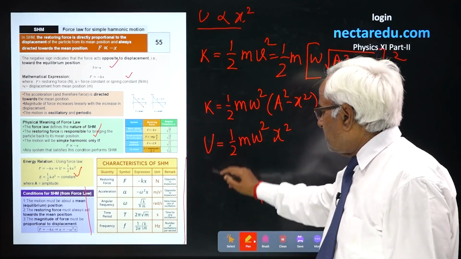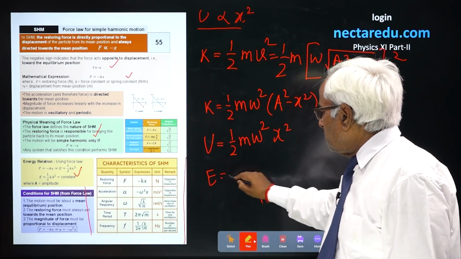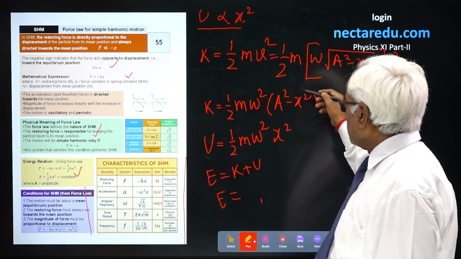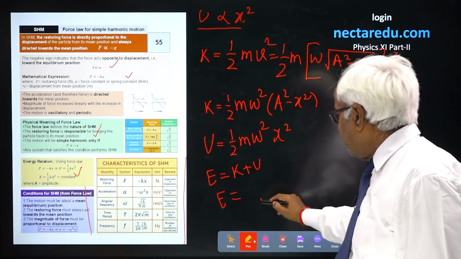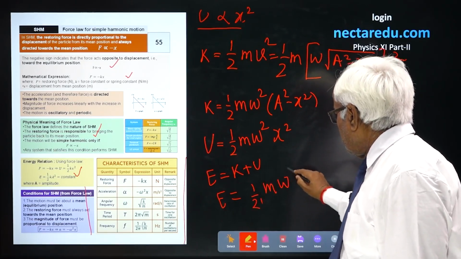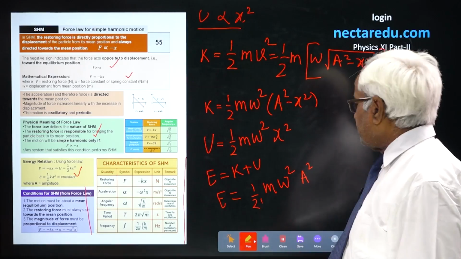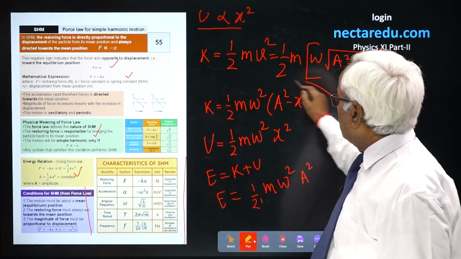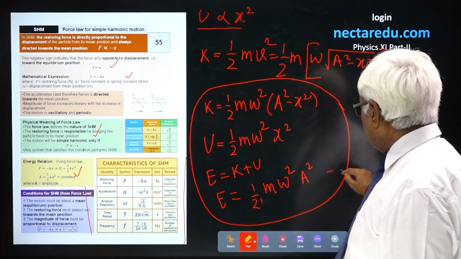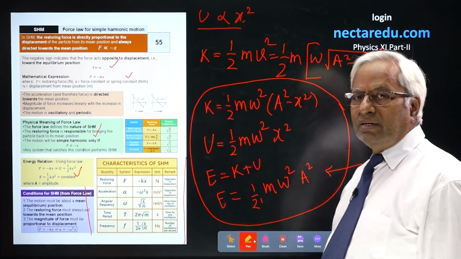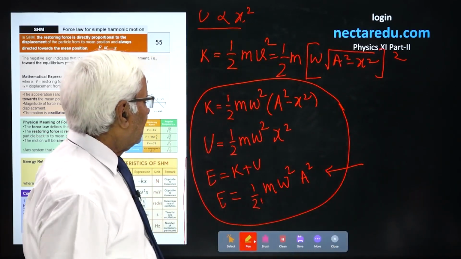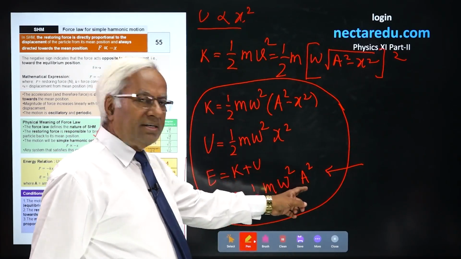If you want to sum up the two, that is, find the total energy, the sum of kinetic and potential, these two terms, x square with plus and minus, will get cancelled and you will get the final relation for total energy: half m omega square a square. So, these are the three terms. Total energy has one very important characteristic, that it does not have any term with displacement.